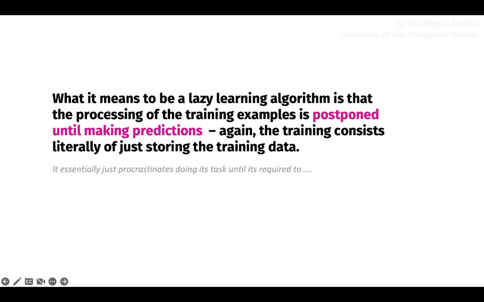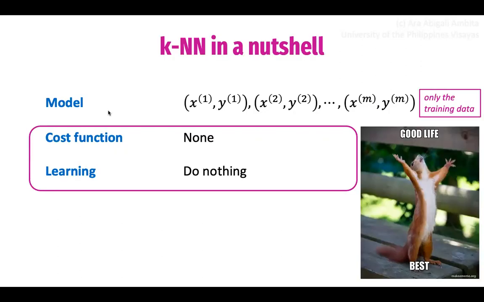What it means to be a lazy algorithm is that the processing of the training examples is postponed until it makes predictions. So again, the training consists only of the stored training examples.